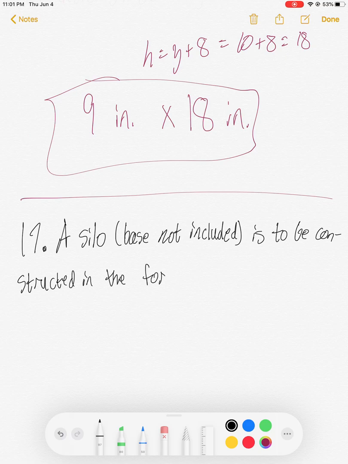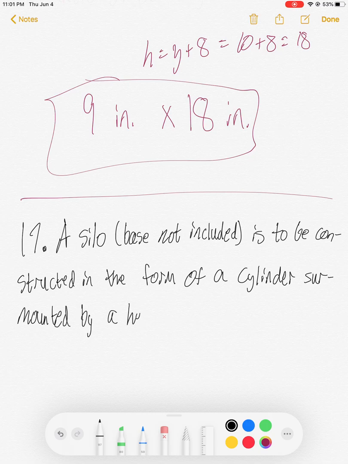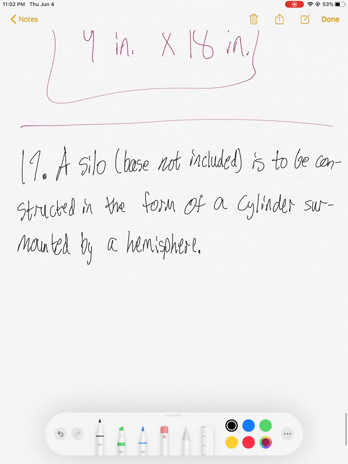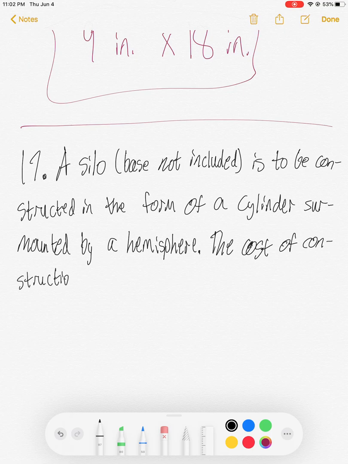A silo, base not included, is to be constructed in the form of a cylinder surmounted, big words here, by a hemisphere. This will be a fun picture to draw.